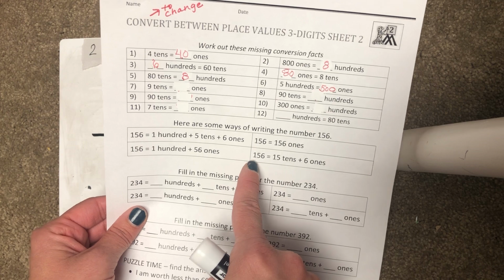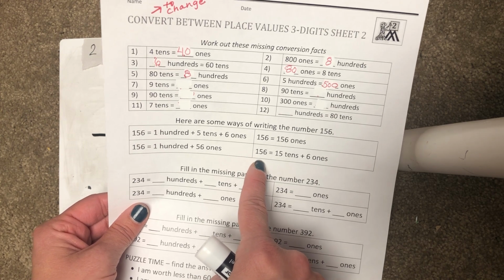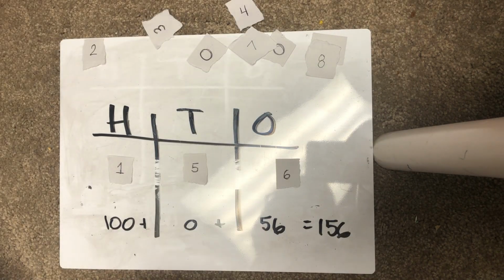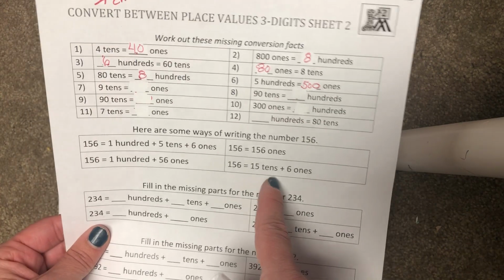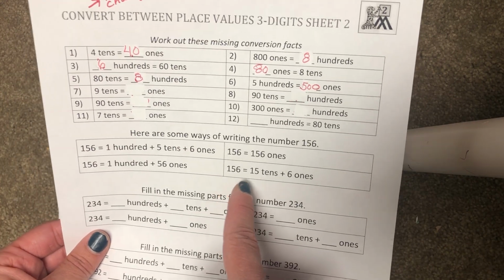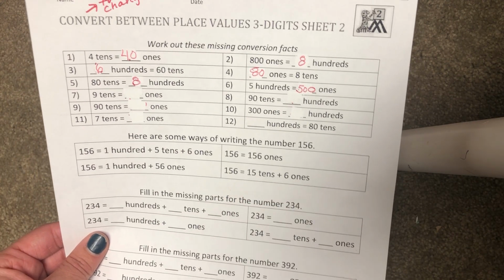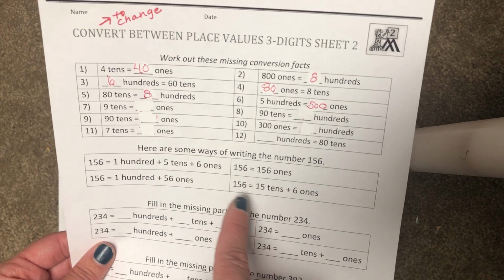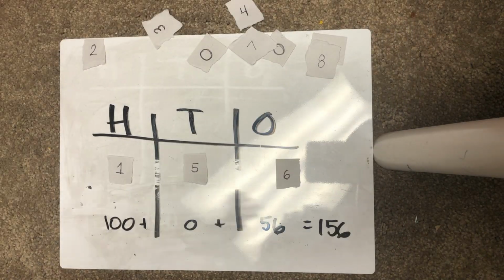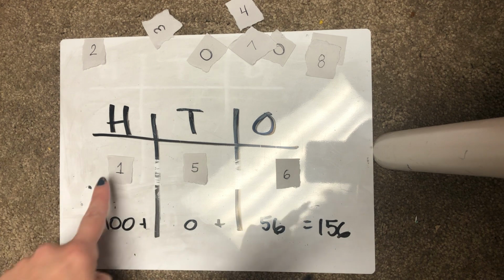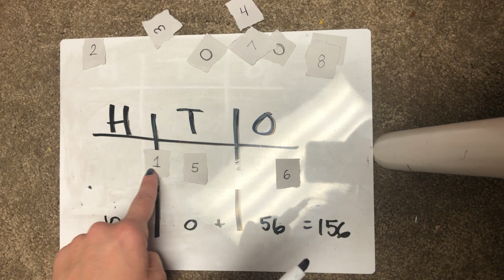Now, what if we're not going to include the hundreds? Let's make 156 again. If you had to only include tens and ones, what would this be? So 156 into tens and ones. We're just going to shift that group of hundreds into here.